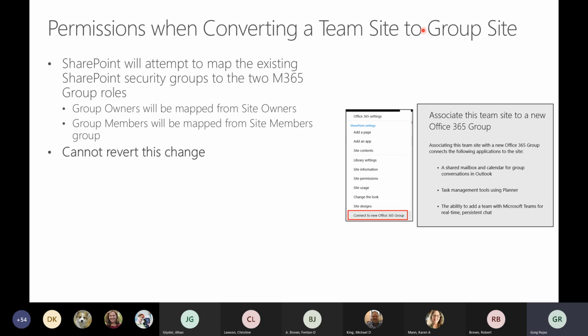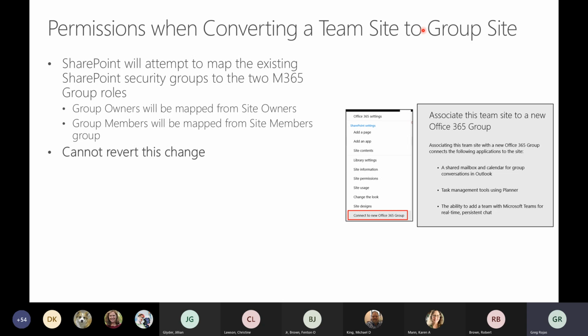So when you convert that team site to a group site, okay, a couple of things. That very bottom bullet is the most important bullet on that screen. You can't go back to, well, we didn't need the team, we didn't need the shared calendar and mailbox and Exchange, so can we get rid of the group? Once it's associated to a group, it is bound. Everything is bound to that group.